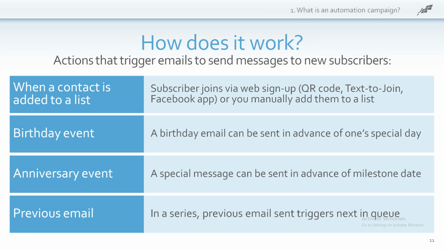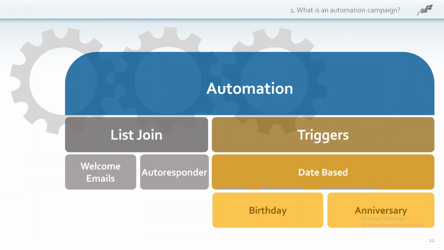Now, the key with having these work properly is for you to have the sign-up form filled out properly. So obviously you're going to need them, when they subscribe, to put in their birthday or their anniversary or whatever you're monitoring so that the series will kick in. And I'm going to go live in a little bit to show you exactly how this works.